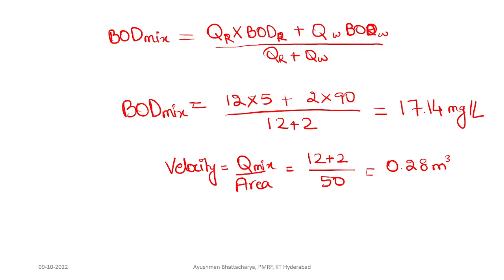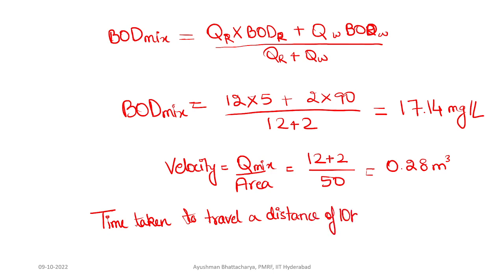Knowing the velocity of the flow, we can calculate the time taken to travel a distance of 10 km. Time taken to travel 10 km is equal to distance by velocity.